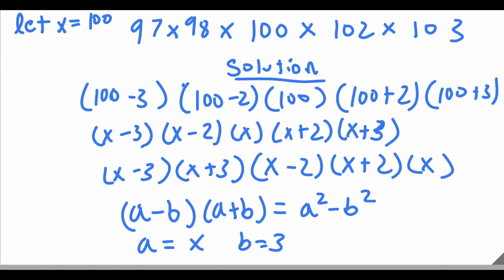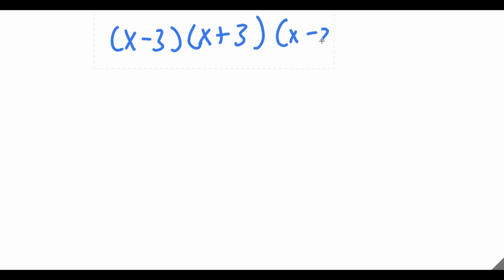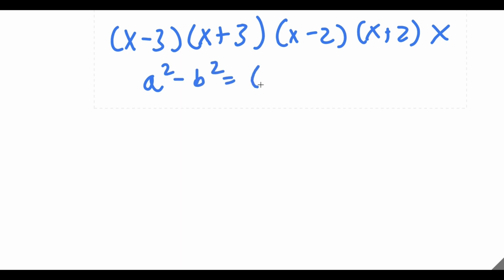So now let me just erase this really quickly. Alright, so I had x minus 3 times x plus 3 times x minus 2 times x plus 2 times x. So again, if I have something in the form a minus b times a plus b, this is equal to a squared minus b squared.